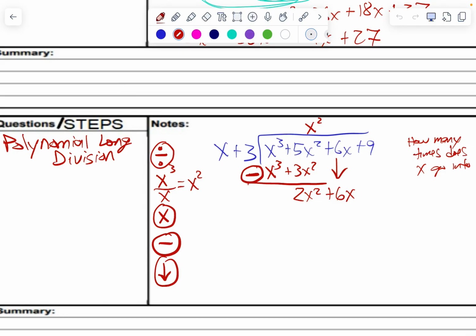So only check how many times this goes in. Don't worry about the 3 in this case.